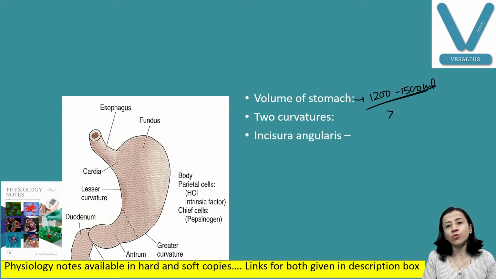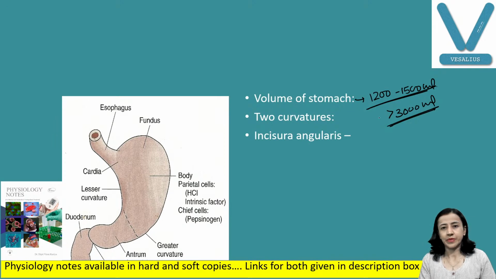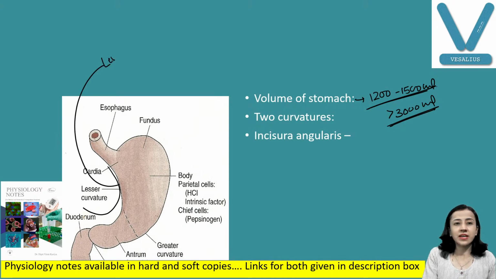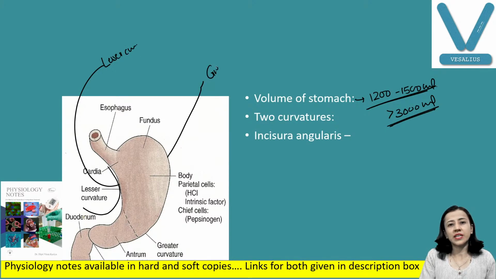It may be more than 3000 ml because it has folds, the rugae. Now, the stomach has two curvatures. You can see here, this one is known as the lesser curvature and this is the greater curvature.